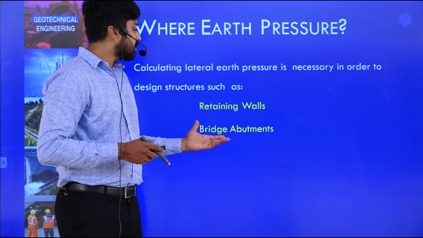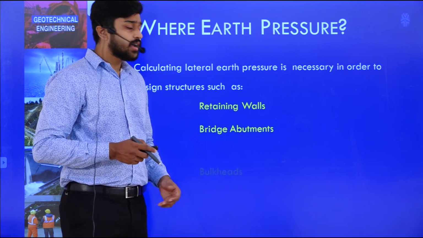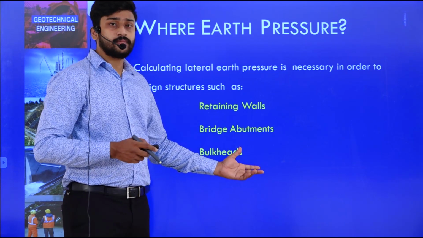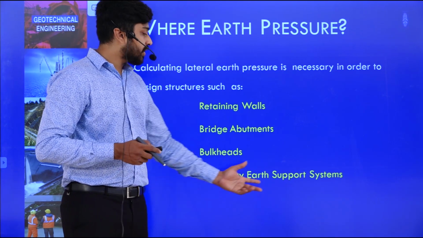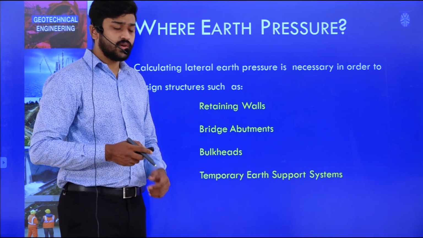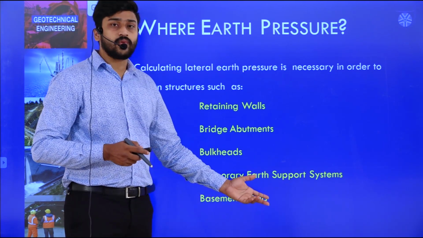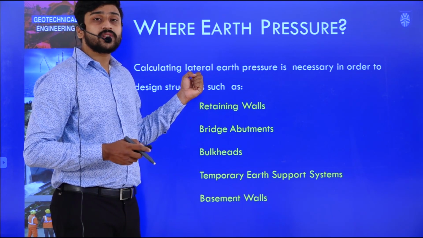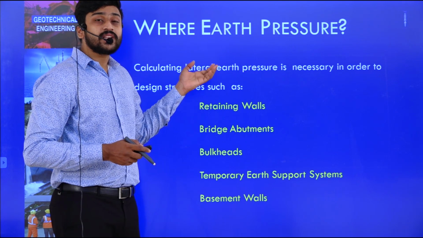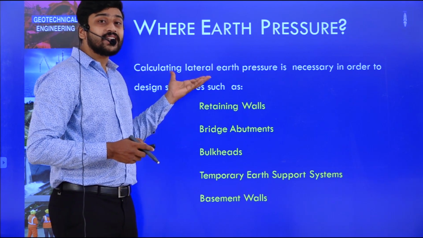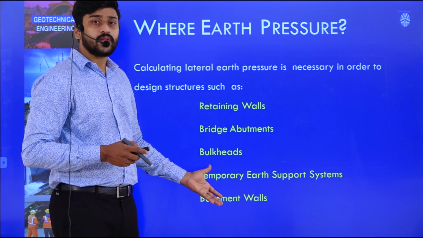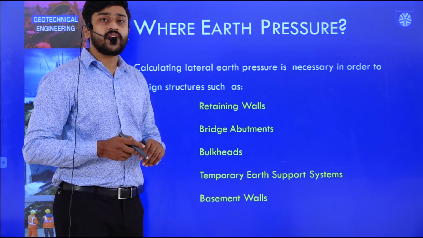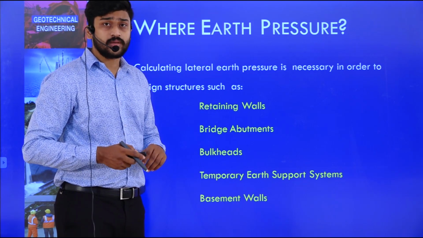The other type is bridge abutments, then bulkheads, then temporary earth support systems, and then we have basement walls. In all these cases the importance of lateral earth pressure is so much that we need to consider it and design any of these structures. That is why the concept of lateral earth pressure is very important.